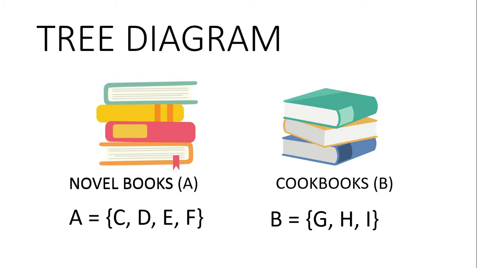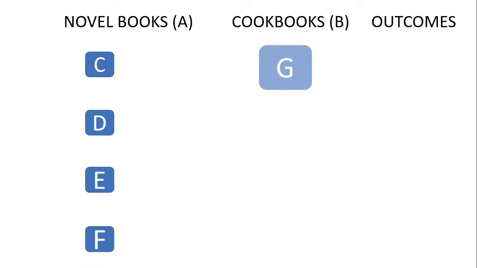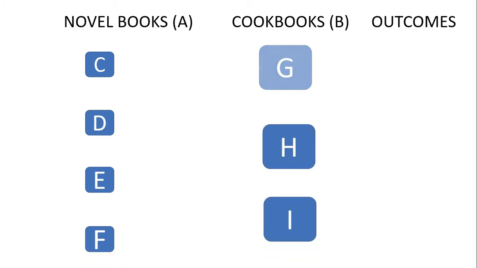We write the possible outcomes or elements of each set vertically. Then, we will connect these outcomes to form a pair of books to be given.